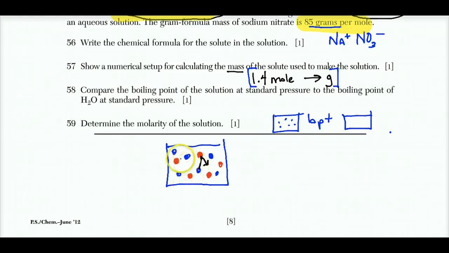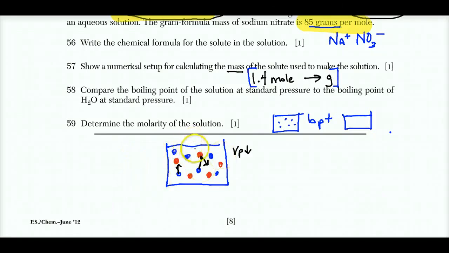So because they have some obstacles in order to get to the surface, even if they have enough energy to overcome their attractive forces, their vapor pressure has been lowered. And therefore, if their vapor pressure is lower, boiling is going to need a higher temperature.